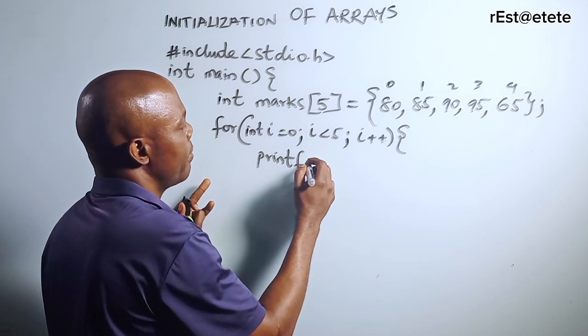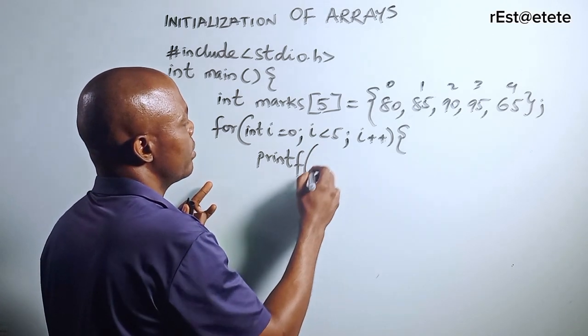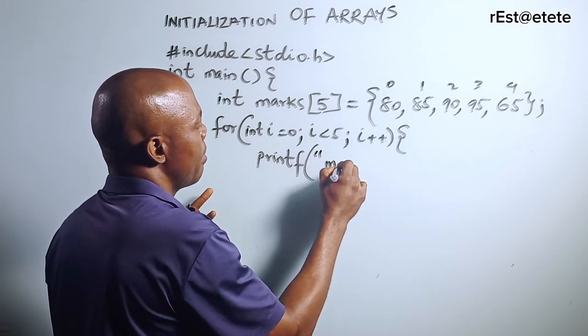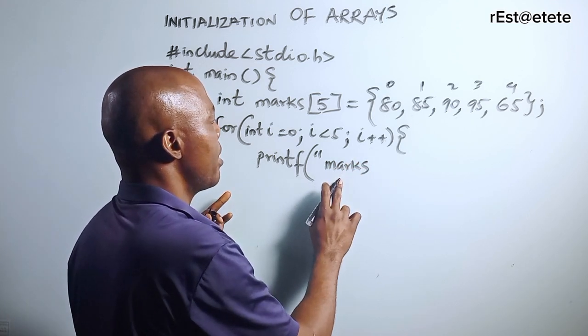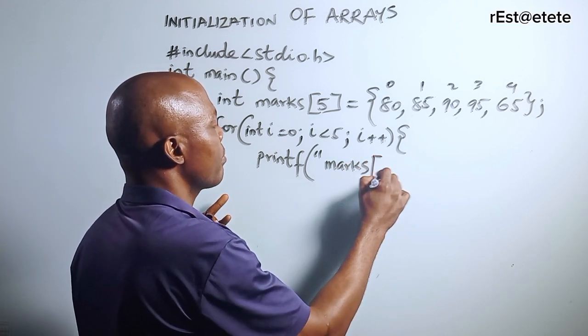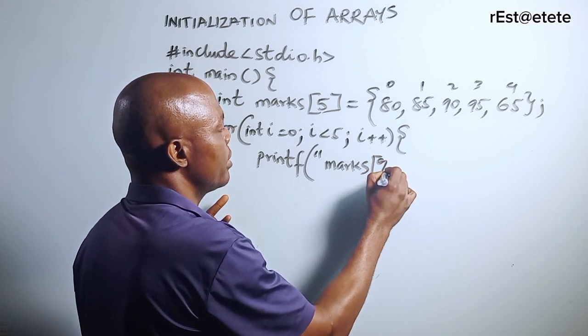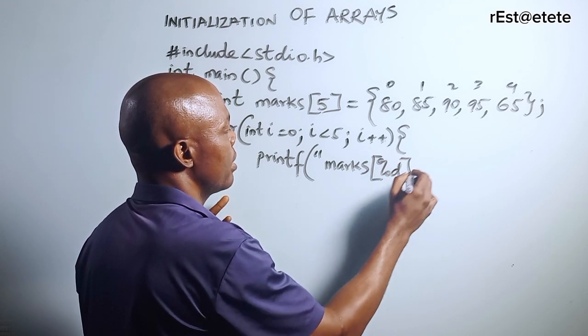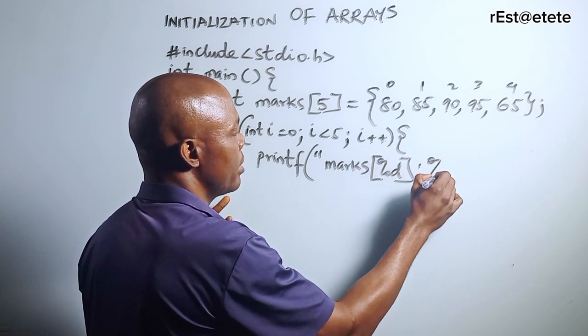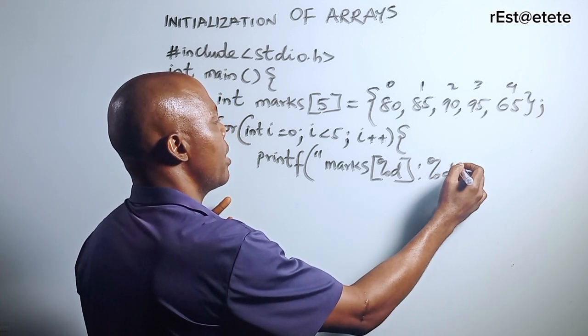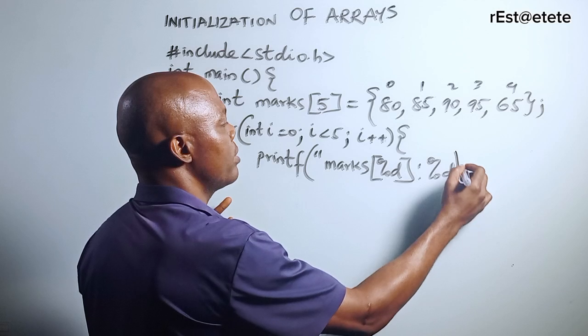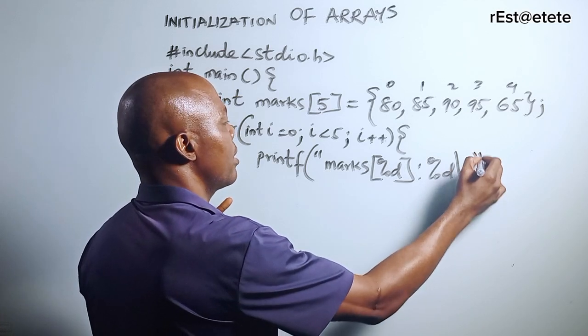So printf, then here I will say max, right? %d, %d. Then I can do this \n.